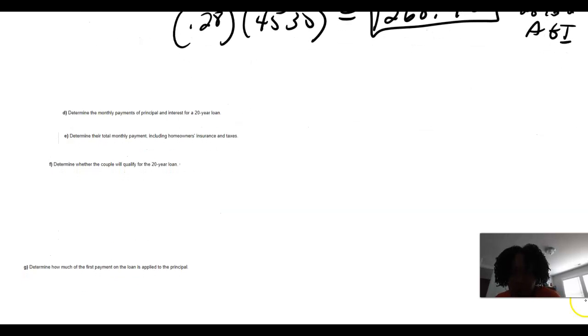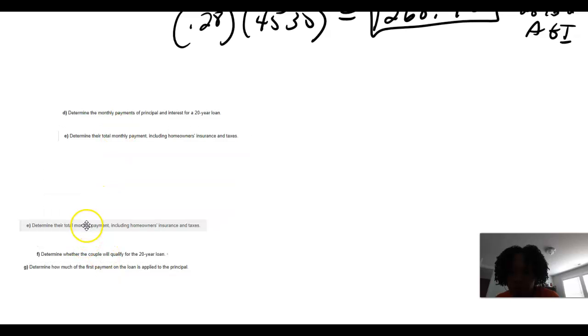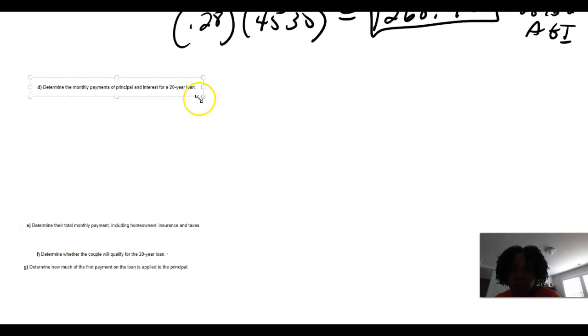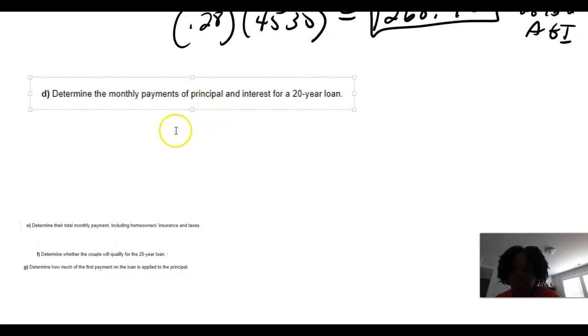All right, so then the next parts of this question, I'll just move all of these down. We want to determine the monthly payments of principal and interest on this 20-year loan. So we're going to use the monthly payment formula.